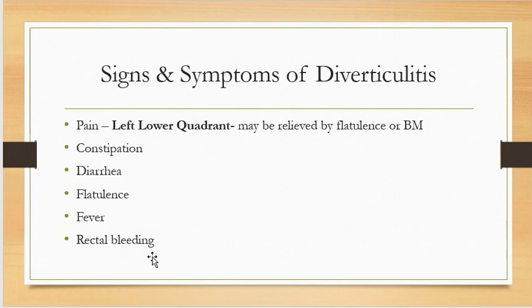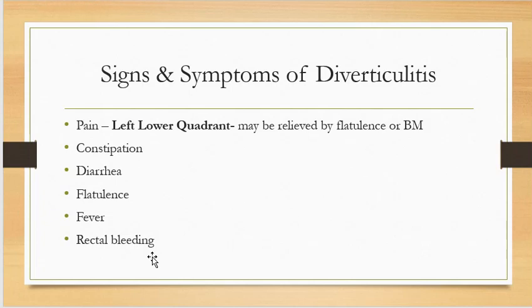We can have a hard mass sitting in there that doesn't pass through the colon, and it can cause an abscess, a fistula, a bowel obstruction, peritonitis, and hemorrhage. So it can cause an obstruction, and if the digested food cannot move through the digestive system, then it can cause a rupture, peritonitis, and hemorrhage.